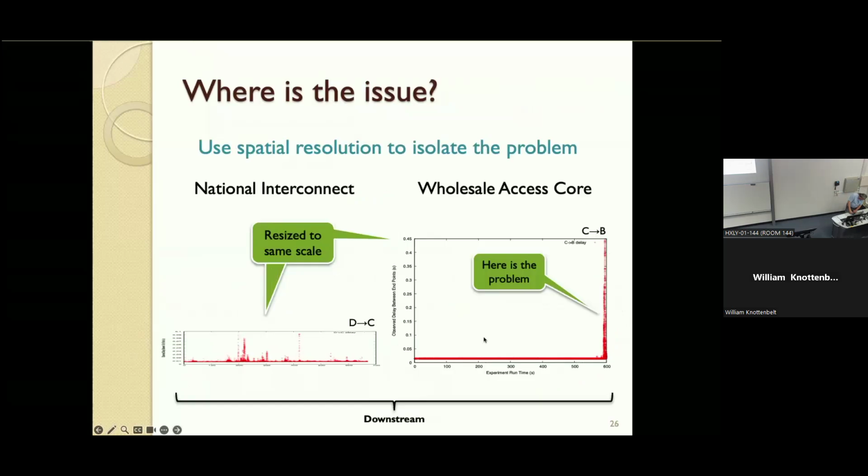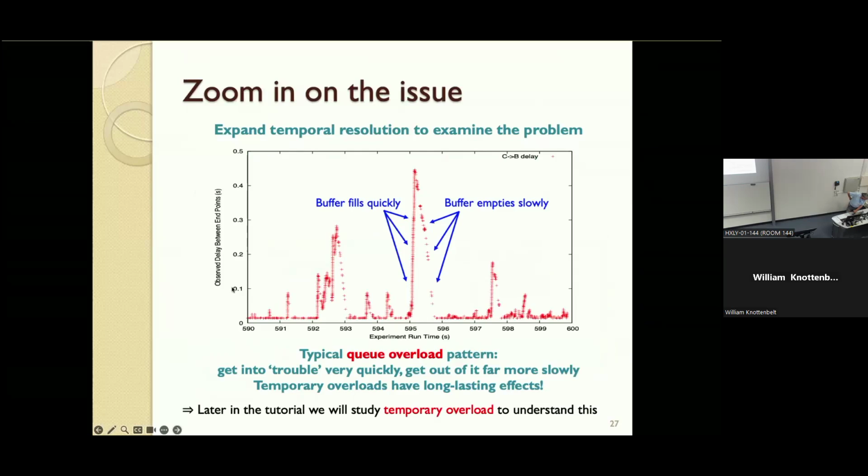Focusing on the downstream, so this is downstream, D to C and C to B. Here, D to C, the national interconnect is doing fine. But here, C to B, we have a problem. At some point, we have a very large peak here. So let's zoom in on that. This is the C to B. From the whole delta Q, we zoom in on the part that has the problem, okay?